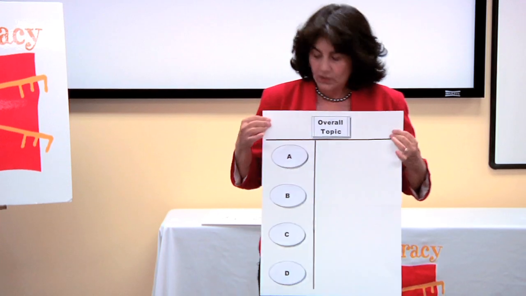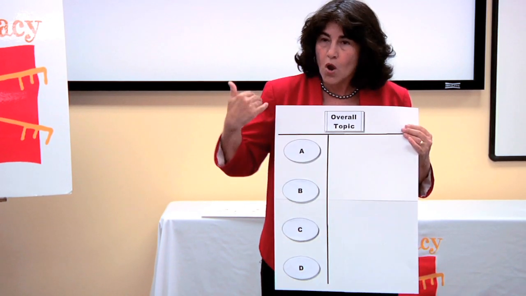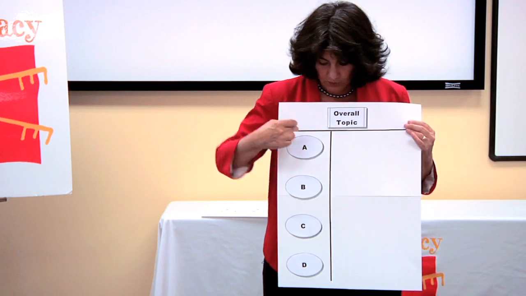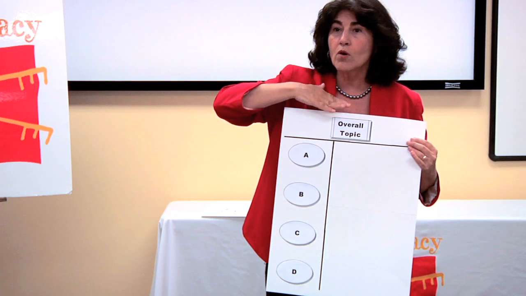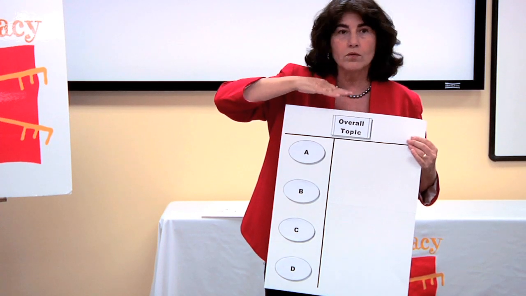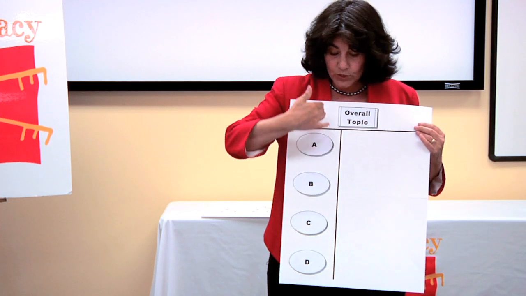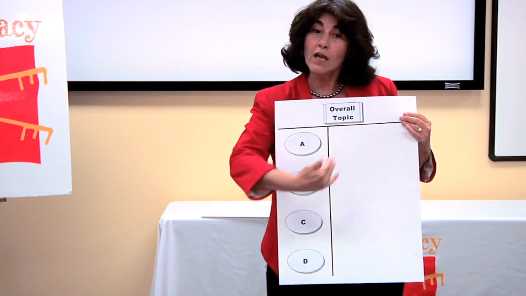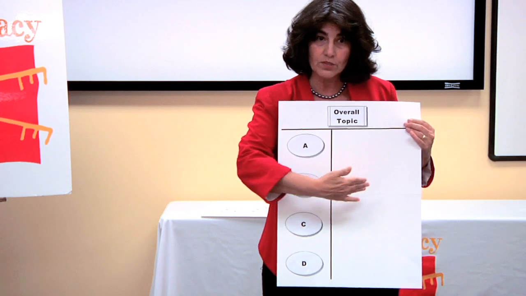But if you can take a look at this little poster here, we can see the way we draw a set of two-column notes is we draw a line across that gives us some space to put our overall topic or the overarching main idea or central idea. We draw a line down the page, not quite in the middle. It's going to be over so that we have about a third here and 2/3 here.